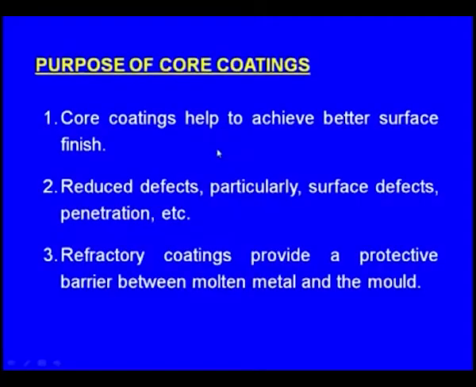Next one, core coatings. So, we will see what these core coatings are. Purpose of core coatings: first of all, why should we give core coatings?